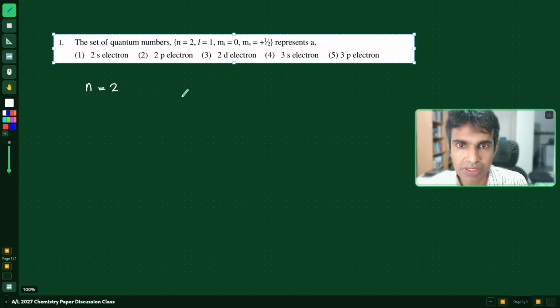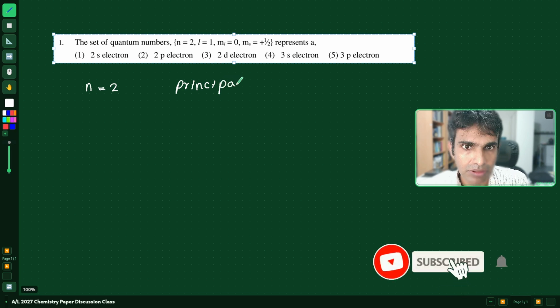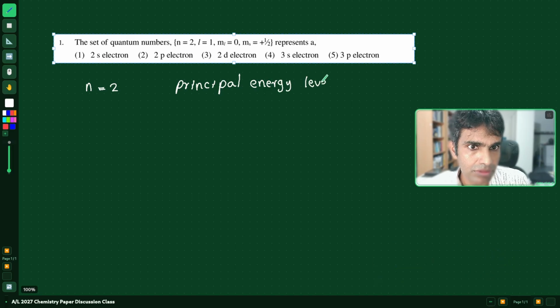So the principal energy level should be 2. Then l, that means the azimuthal quantum number, is 1.